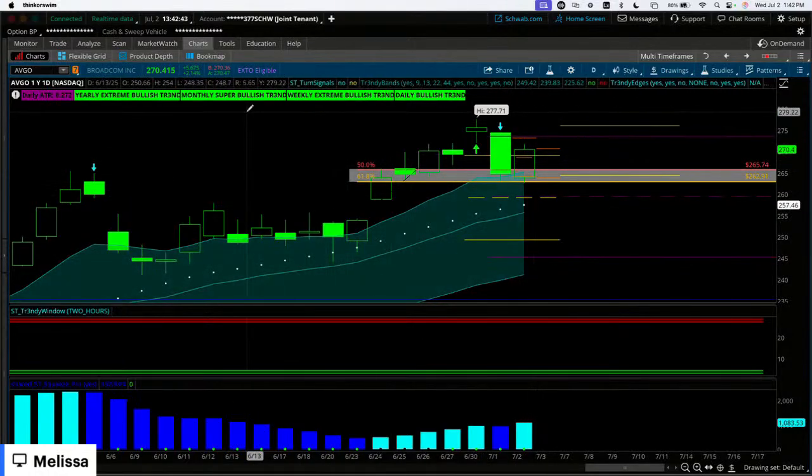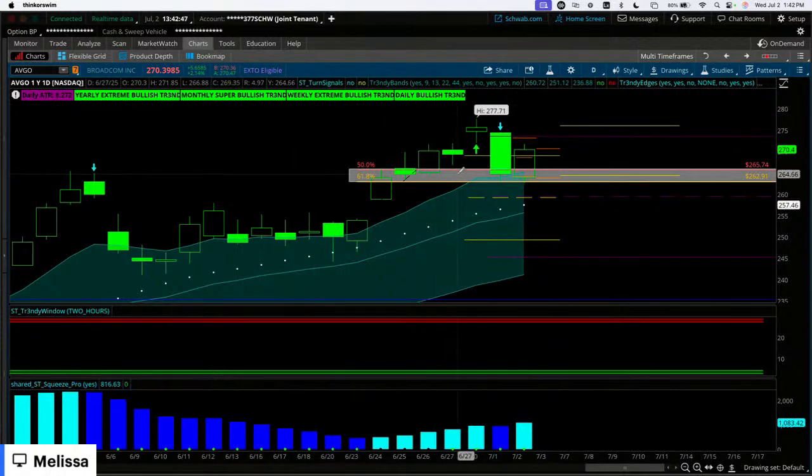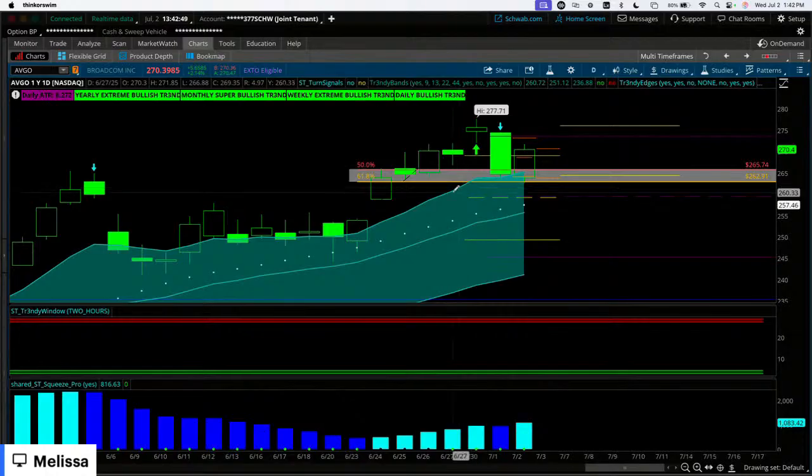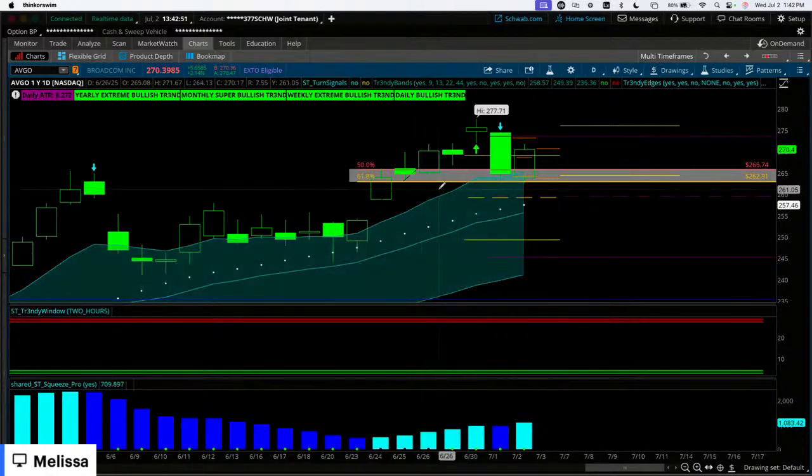Notice that the names that I have been giving you to buy the dip at the golden pocket are stocks that are in bullish trends. That's very important. I like to use this method to buy the dip when a stock is in a bullish trend. I find that when a stock is just chopping or consolidating, it's not as reliable.